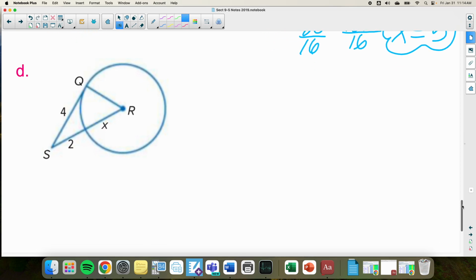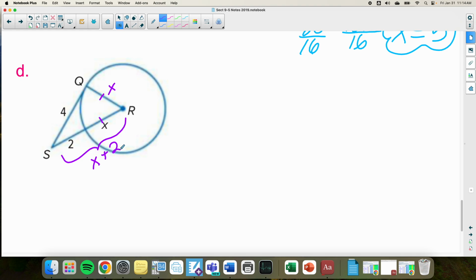Then if we look at D, all right, anyone know what I could call this side right here? x, right? If this is a radius and it's x, wouldn't that be x also? And then this would be what? x plus 2. I always put the x in front, like Lexi did.